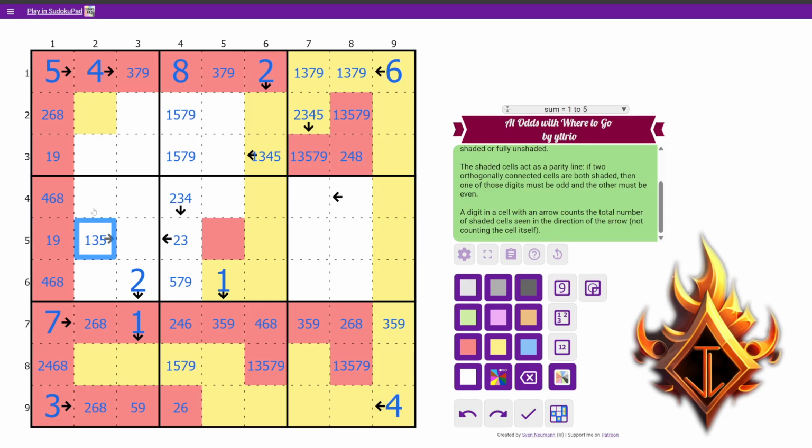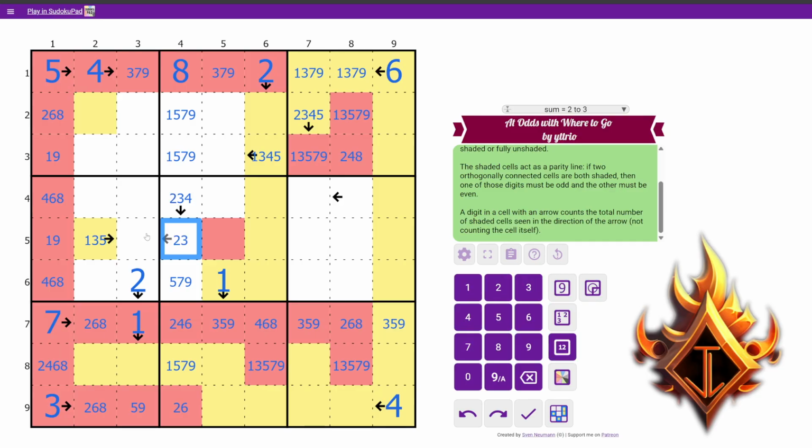Cannot be 2 or 4. 1, 3, 5. 1, 2, 3, 4, 5 is maximum. But the point is that is odd, sitting right next to an odd. So it cannot be on a red. This one cannot be 3 now. So it will be 2.